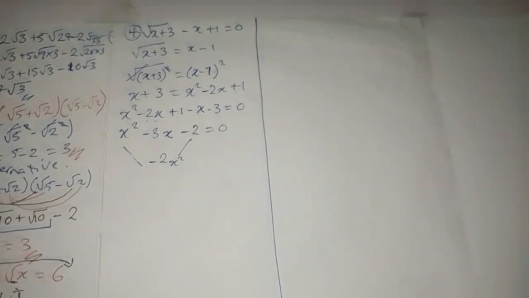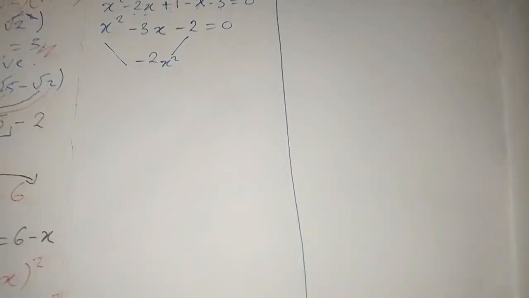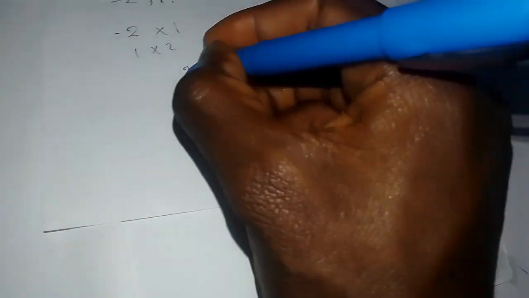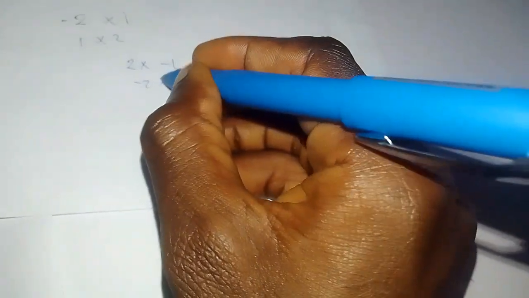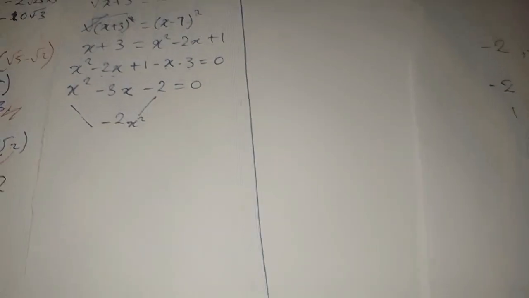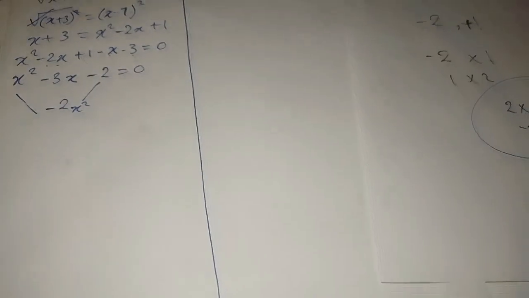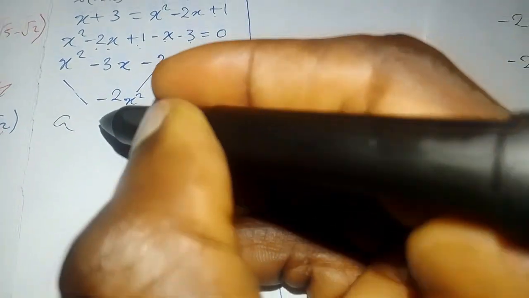Can I factorize this? I don't think this is factorizable, because the factors of minus 2 will be 2 times minus 1 or minus 2 times 1, and none of these will give me minus 3. Hence, it's not factorizable.